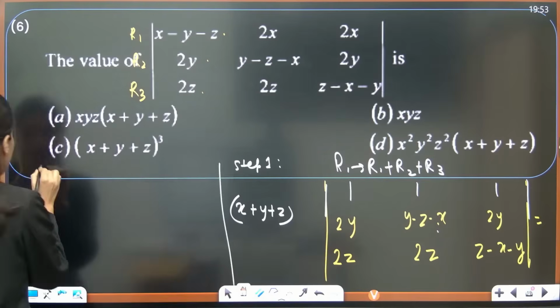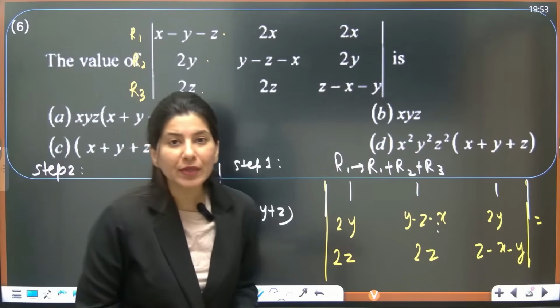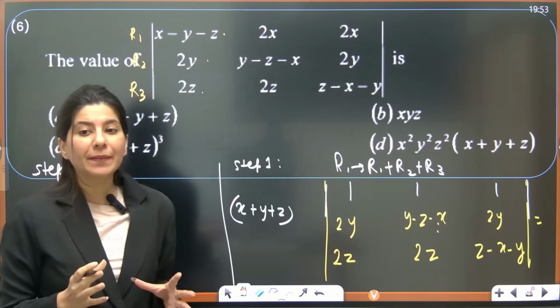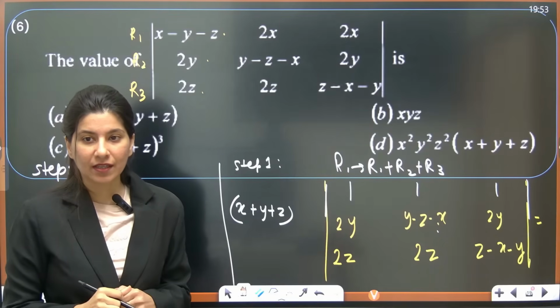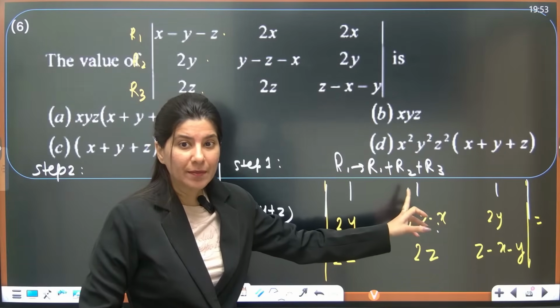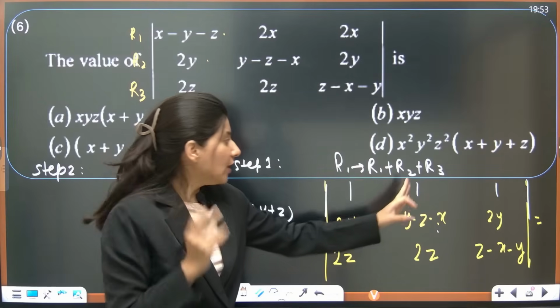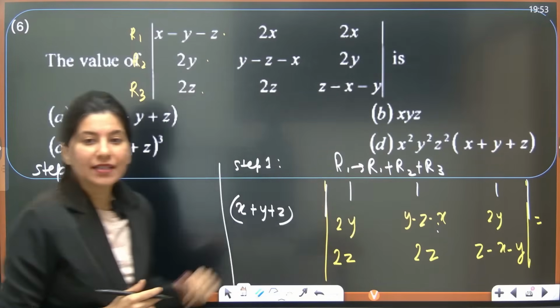Now we are having step 2 over here. Step 2 will be what? Step 2, I'm going to apply column wise. So I am going to change column number 2 in such a way that column 2 becomes column 2 minus column 1.